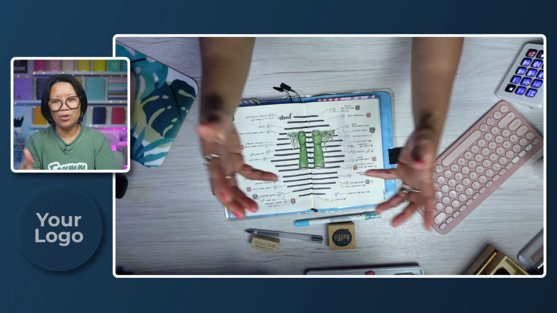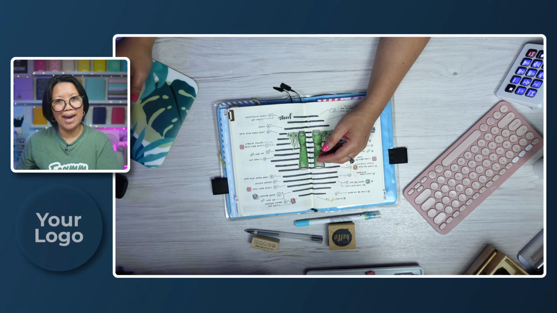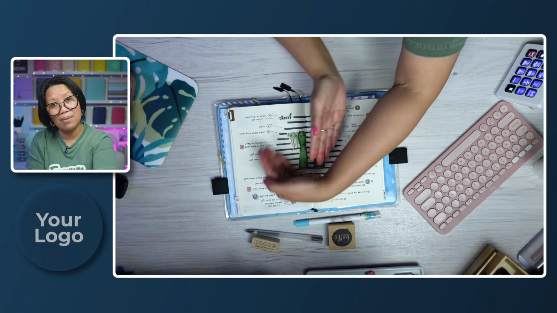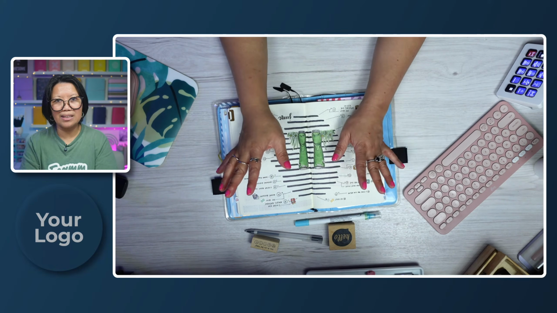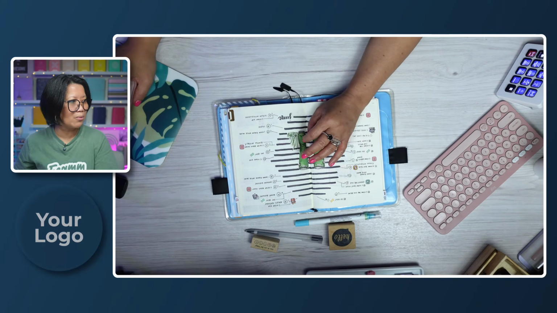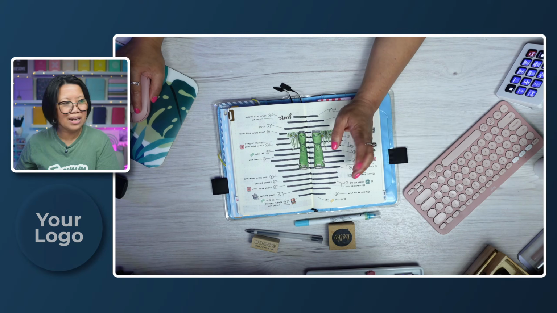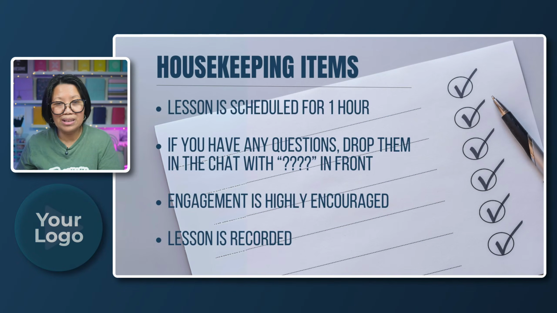But if your camera is set up correctly, it'll be the right way up, or you can do the pencil wand and you can rotate your camera so it's facing the right way. You can add your own logo. So all you need to do is delete that one and add, or you can replace. You can have a presentation one, and then of course a chat one, just like this.